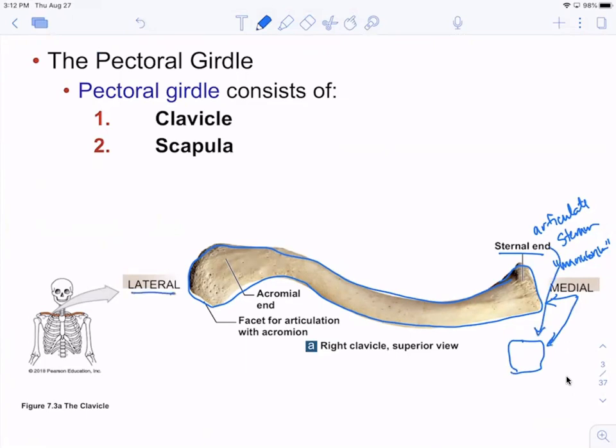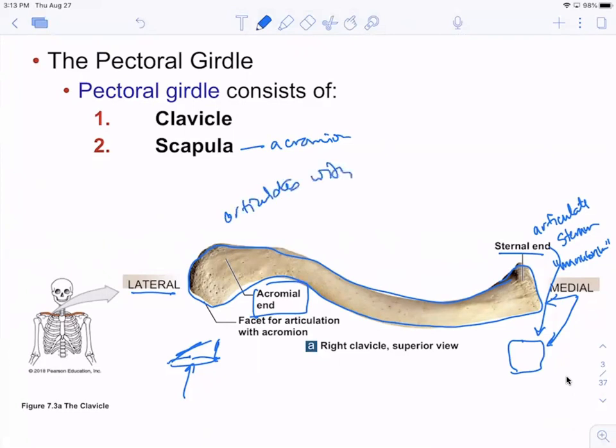If you look at the acromial end here, it actually looks pretty flat when you're looking straight at the lateral side of it. The acromial end does resemble the acromion of the scapula.